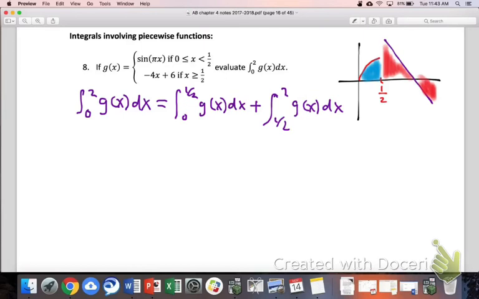It's where the functions switch to a different function. And then from this point, what we need to do is plug in the pieces that go in the appropriate spots. So this equals the integral from 0 to 1/2, and then g of x for that particular domain would be our sine of pi x.